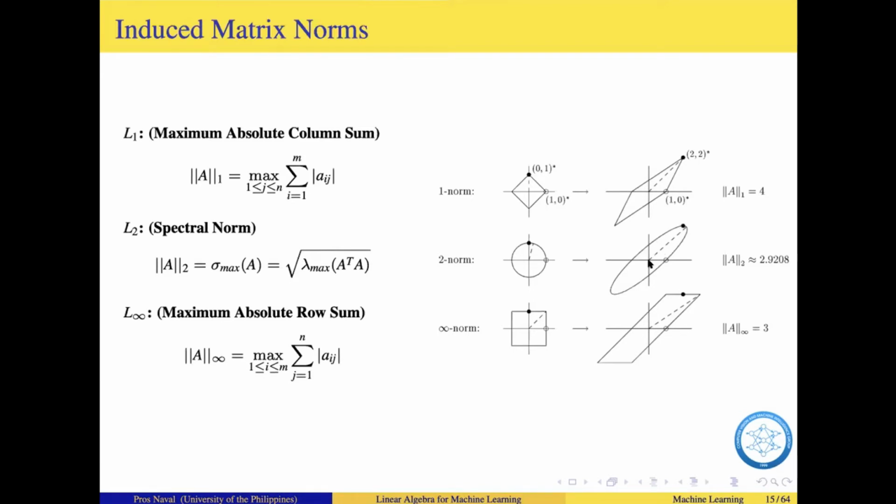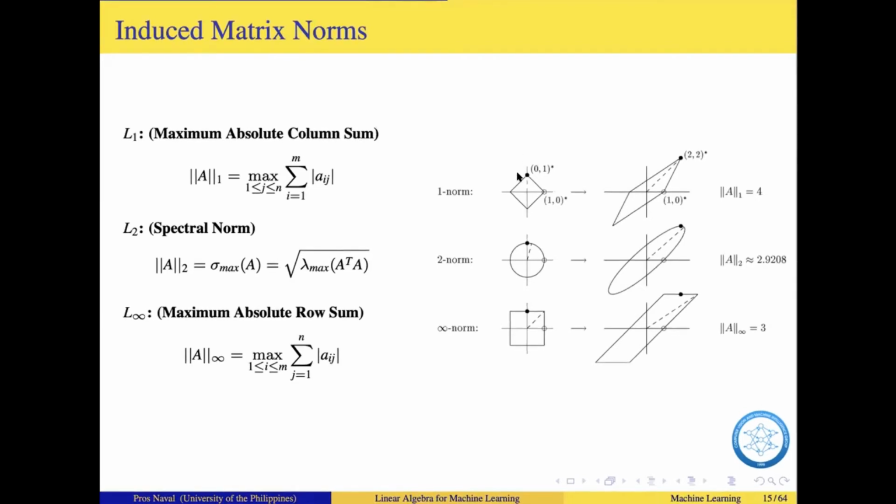We have this largest stretch that is your value for that matrix norm. And the same thing here. You have actually stretched the unit ball for the one norm, which is a diamond shape, into this figure here, and the largest stretched value is your value for that norm. The same idea for the infinity norm.